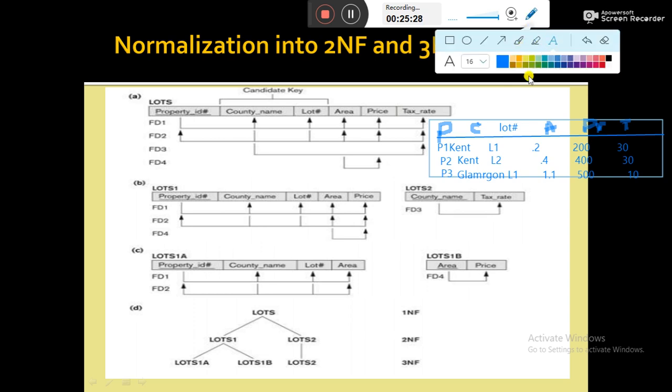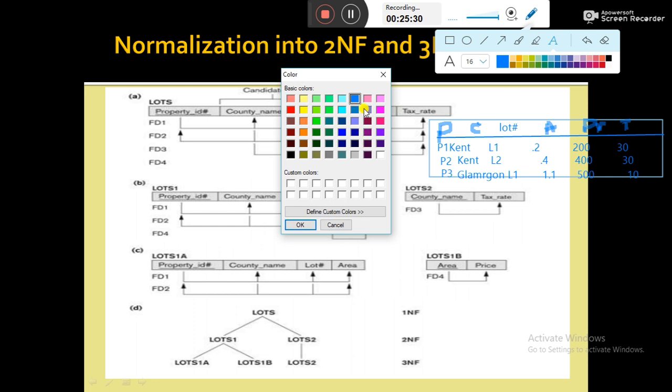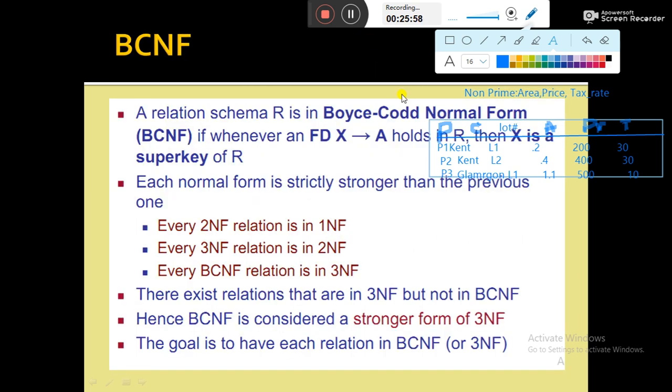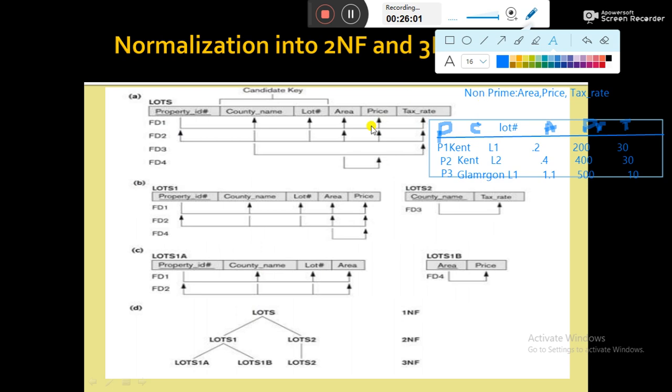Just for better understanding, I'm writing the non-prime attributes here: area, price, and tax rate.